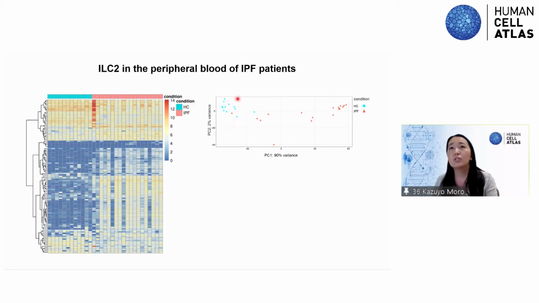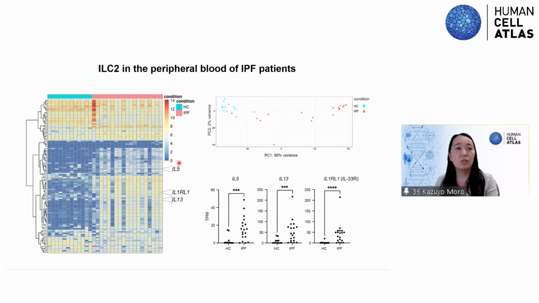And ILC2s were separated beautifully in PCA, with healthy controls here and IPF patients here, except this patient. It looks very beautiful. And we also confirmed IL-5, IL-13 and IL-33 receptor expression in both healthy controls and IPF patients. And it looks like even in human fibrosis patients, ILC2 is highly related to this disease.